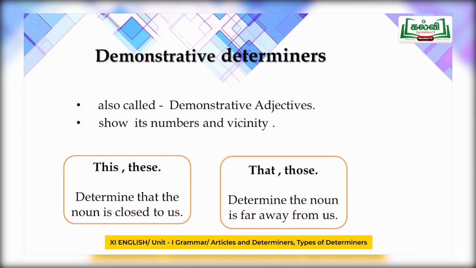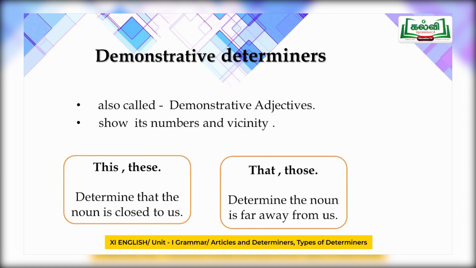Next type is demonstrative determiners. Demonstrative determiners are also called demonstrative adjectives, and they show number and vicinity. This, these, that, those are demonstrative determiners. This and these show that the noun is close to us.